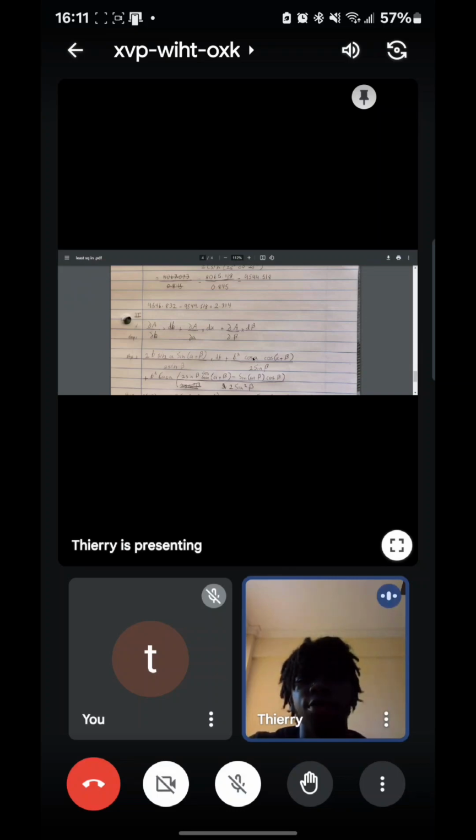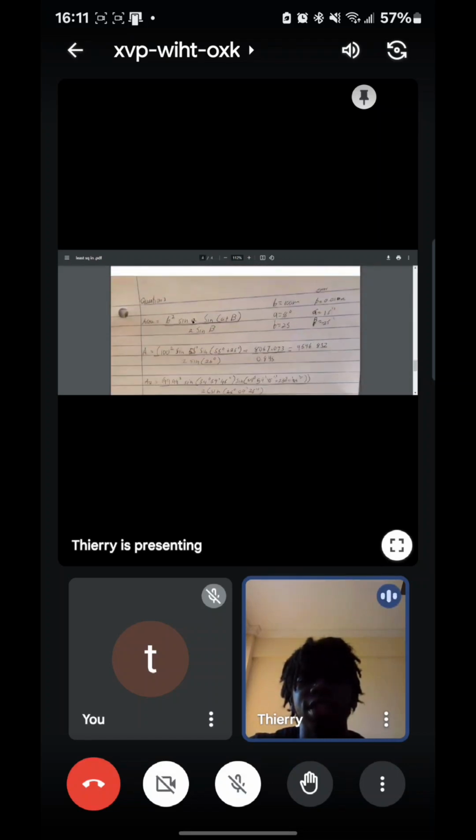As for alpha, sorry, alpha is seen in sine alpha and sine alpha plus beta, treating the rest as constants.